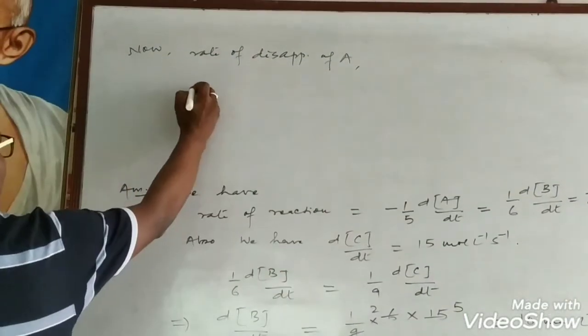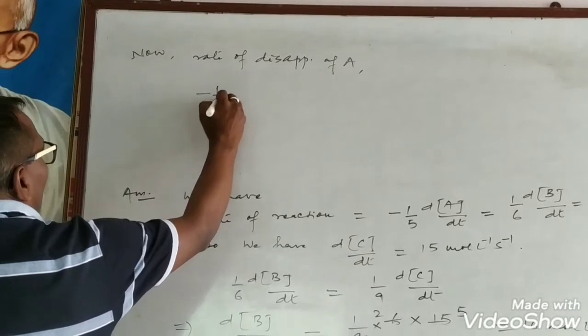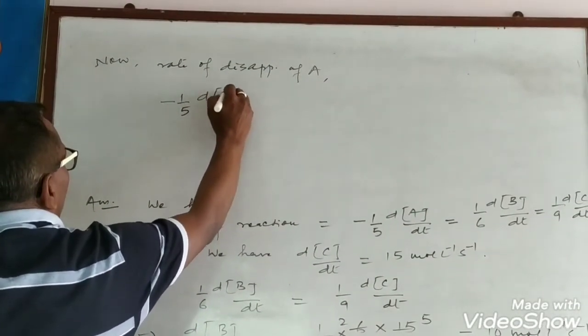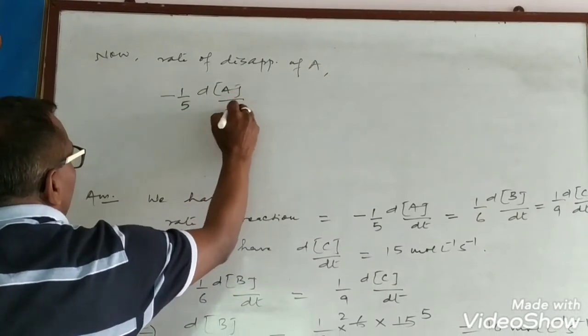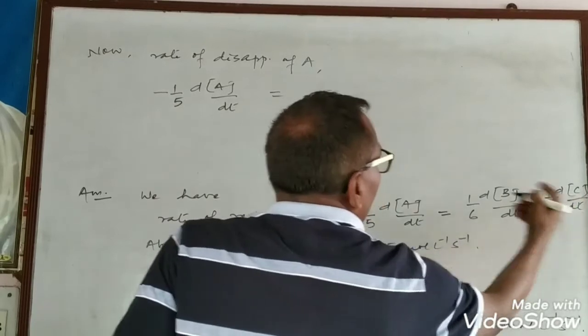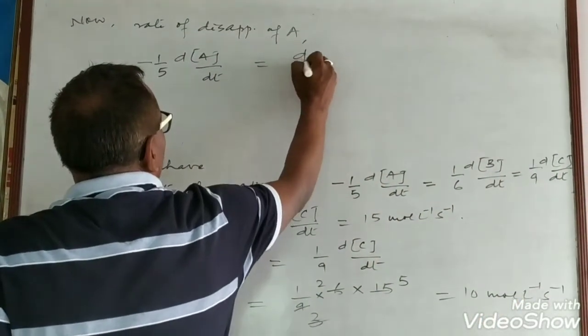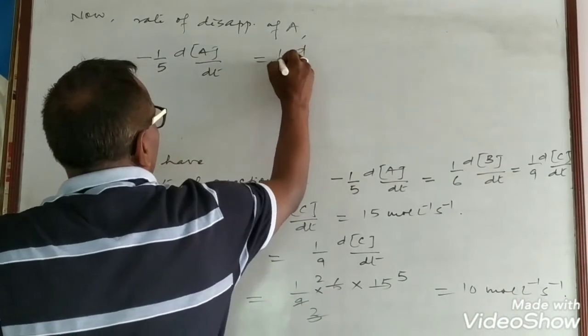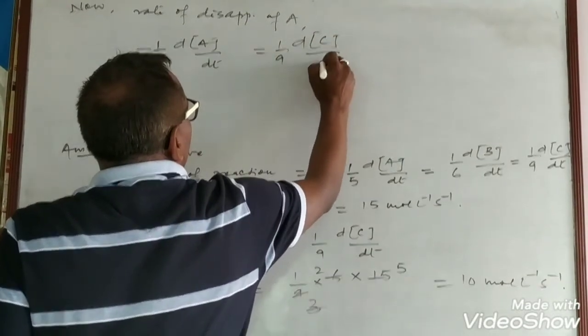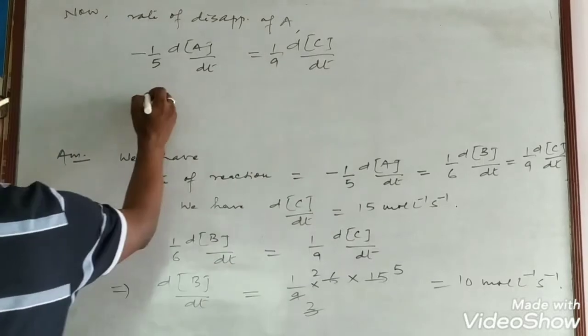So we consider minus 1 by 5 d concentration A by dt is equal to 1 by 9 d concentration C by dt.